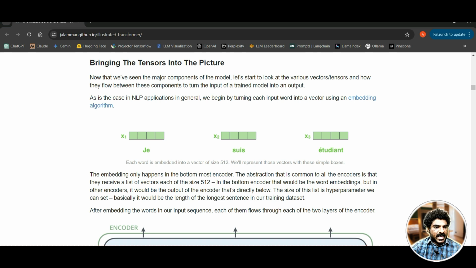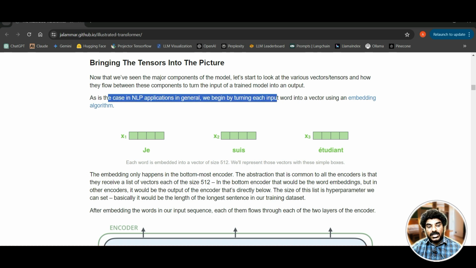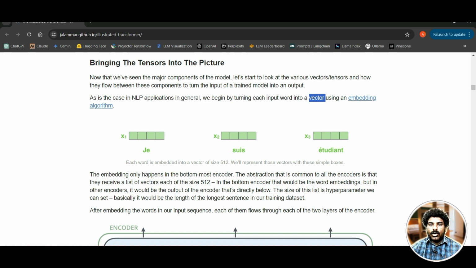That's what he's saying here: as in the case of NLP applications, in general we begin by turning each input word into a vector using an embedding algorithm. This embedding algorithm converts the input word into a vector. Now you can see here each word is embedded into a vector of size 512. Input x1, x2 and x3 will each be a vector of size 512.